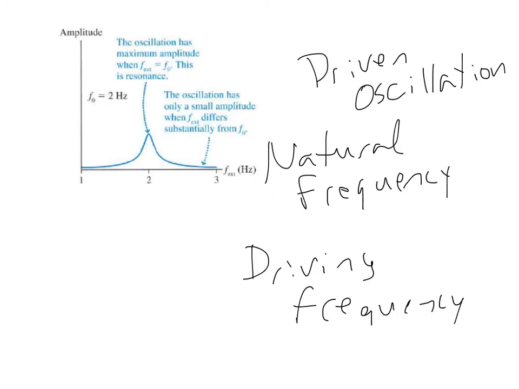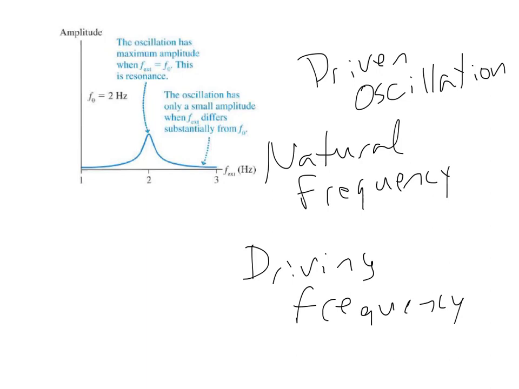As the driving frequency gets closer and closer to the natural frequency, the amplitude of the oscillation will rise dramatically. We could say that the natural frequency is the frequency at which the system wants to oscillate, as much as the system can want something. So it's quite happy to respond to a driving frequency that's near that natural frequency.